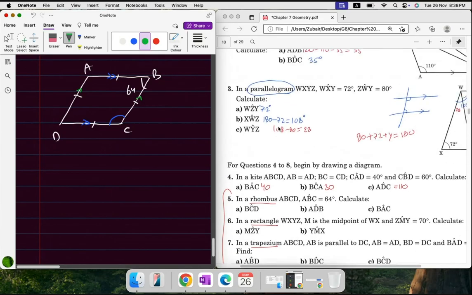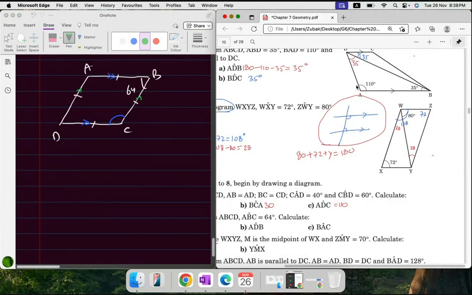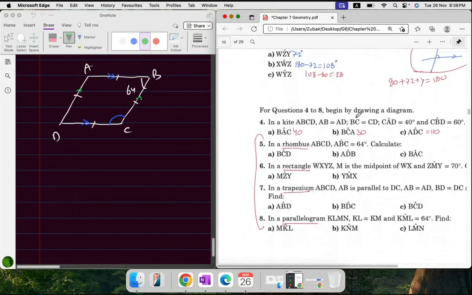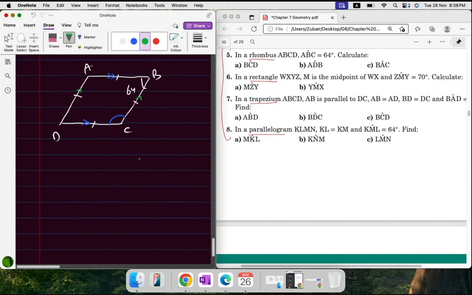We just did something related to it over here. Angles between parallel lines are supplementary. 180 minus 64 is 116. This is 116.